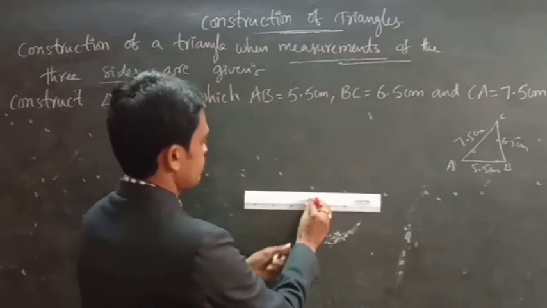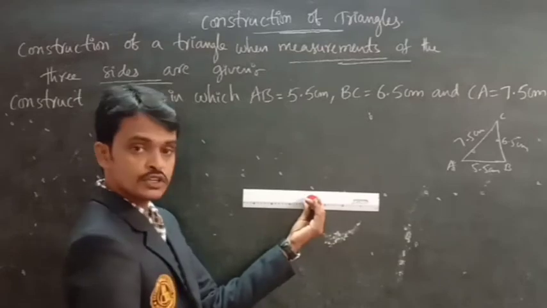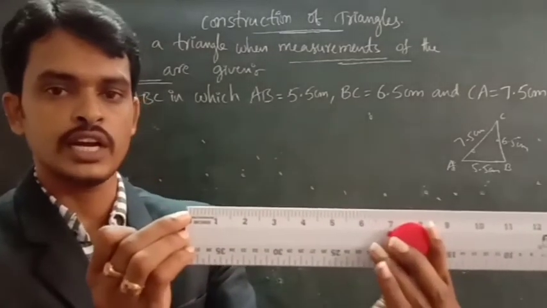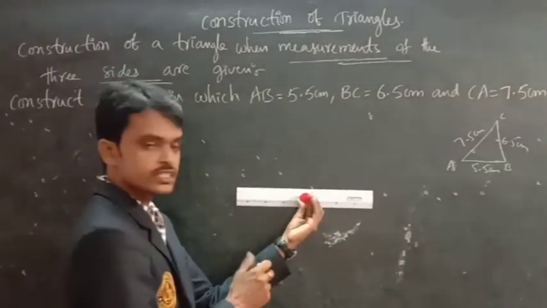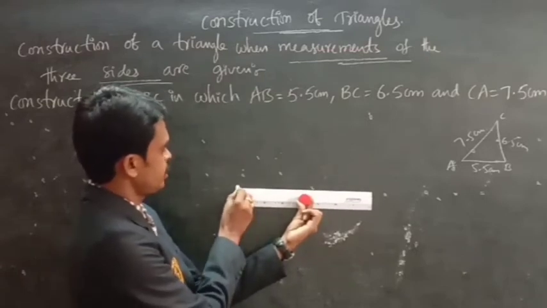Place the ruler and start from 0, the initial point. Draw 5.5 centimeters.